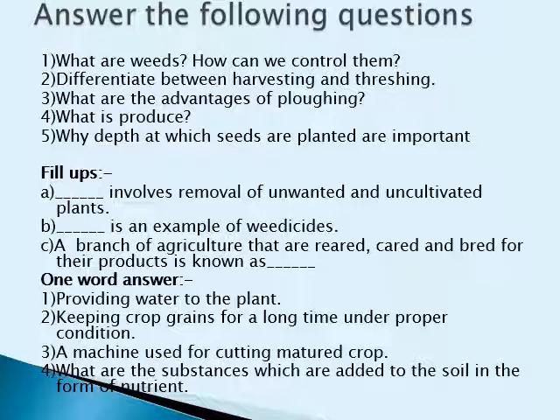When we talk about organic material, it is manures, and when we talk about inorganic materials, they are fertilizers. So manures and fertilizers are the important substances which can be added to the soil in the form of nutrients so that the plant can take these nutrients for its growth as well as development.